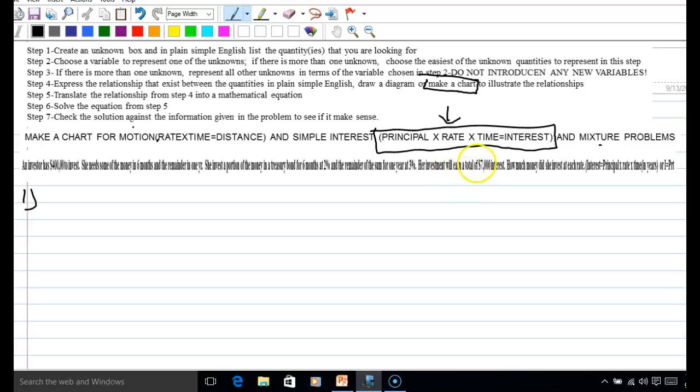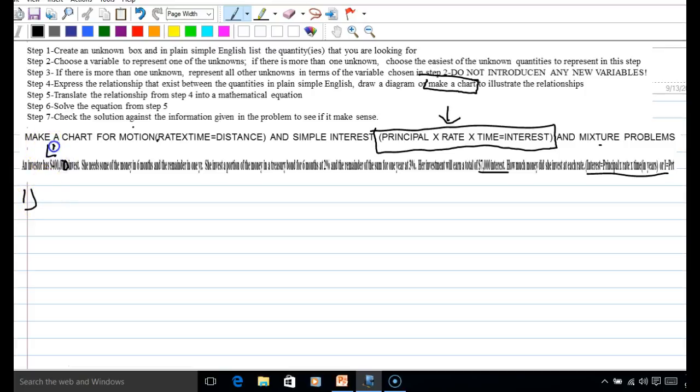Her investment will earn her a total of $7,000 in interest. How much money did she invest in each rate? And again, we're going to use interest is equal to principal times the rate times the time, or I is equal to PRT. And this is $400,000 here.